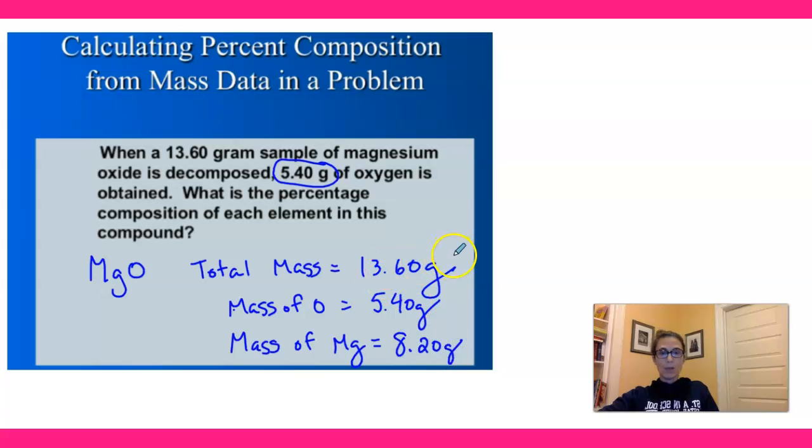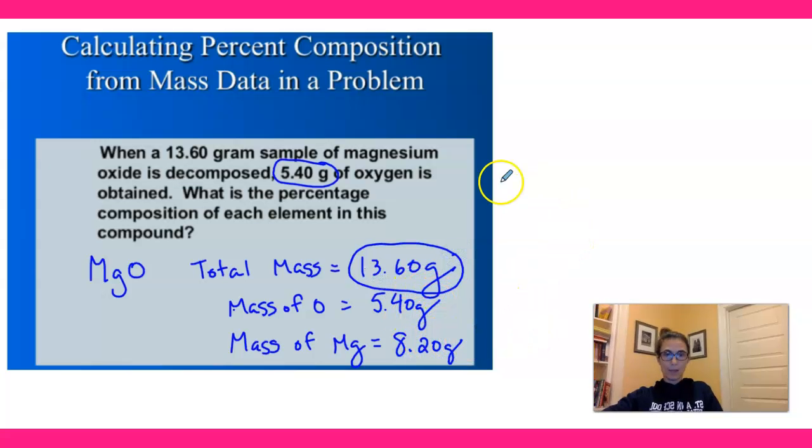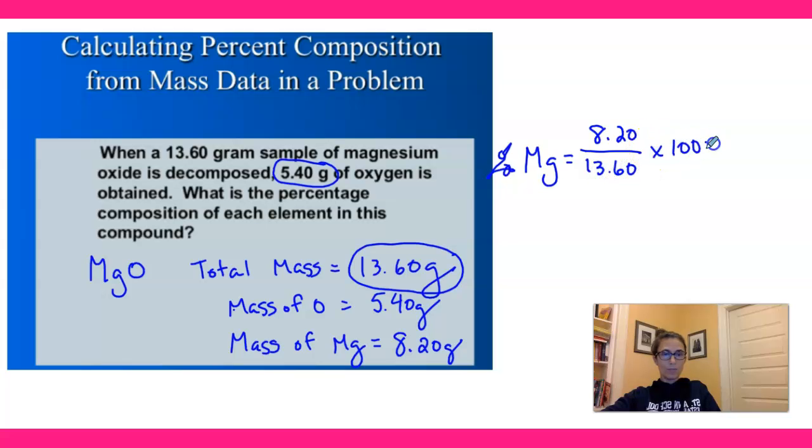Now we want to figure out what percent of this total mass of the compound comes from each of the individual elements. My percent magnesium is going to be, that's not a great looking percent sign, 8.20 divided by 13.60 times 100.